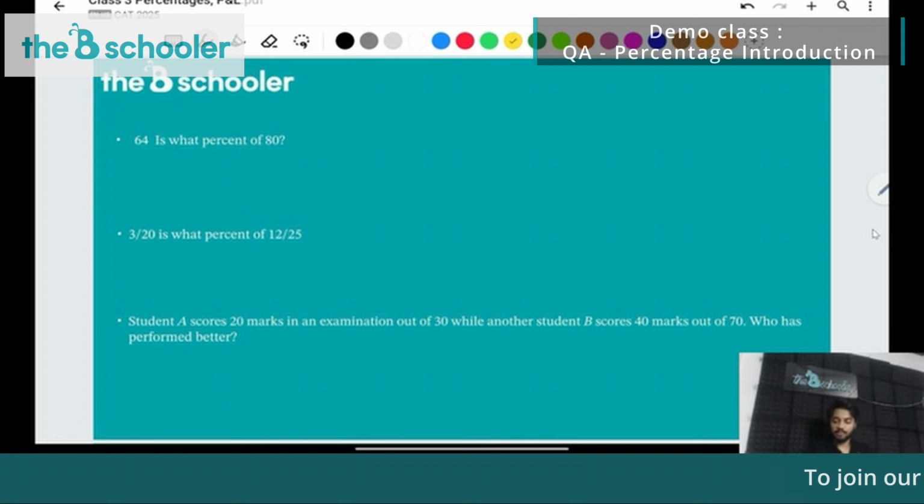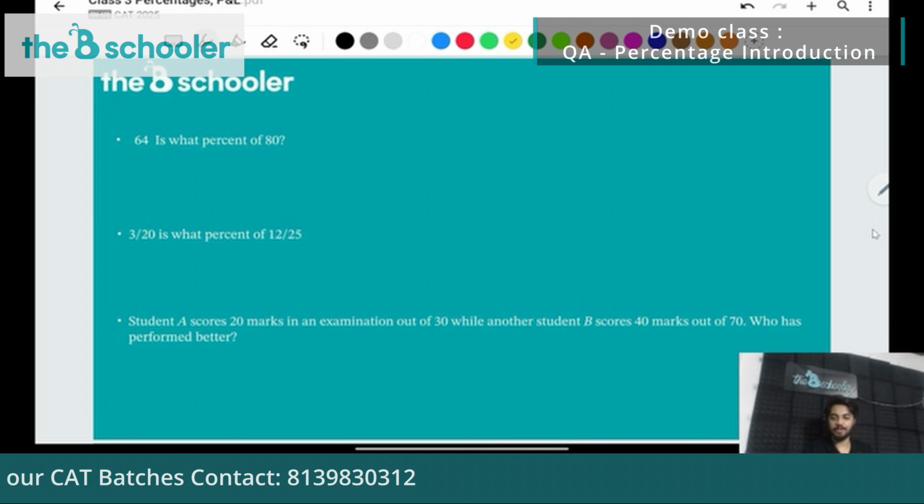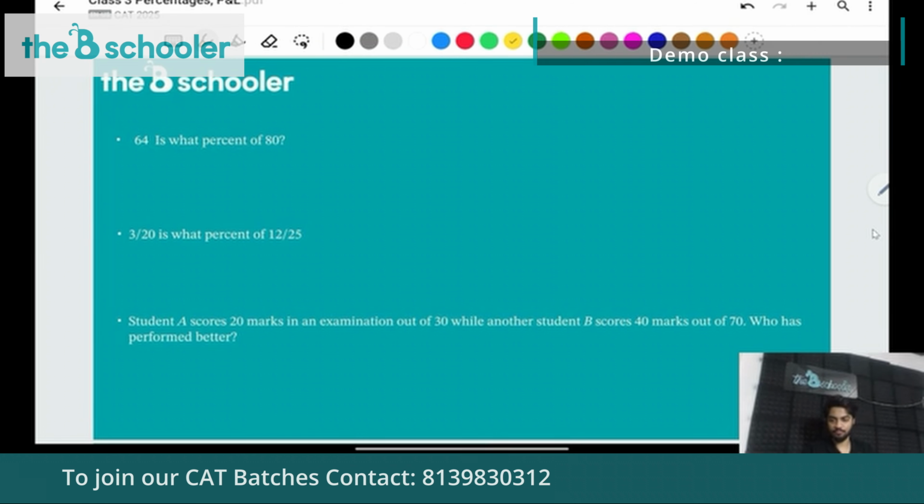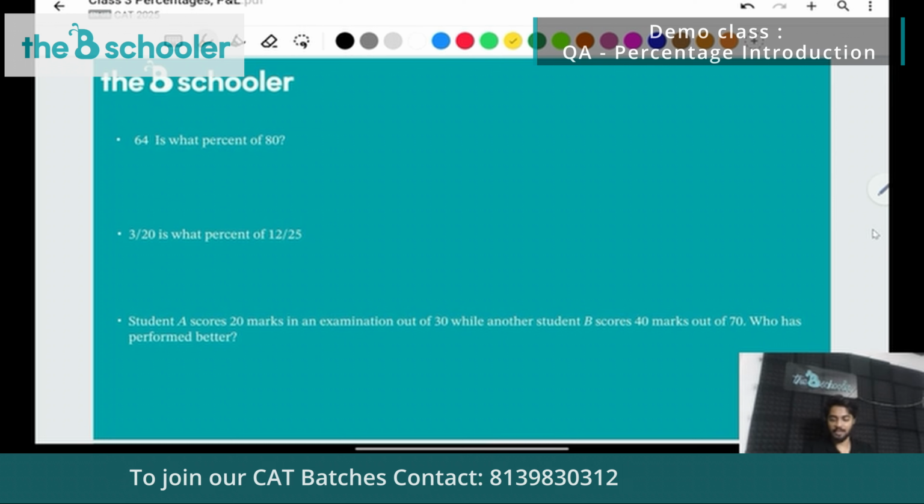Okay, first one, Gesla has got the answer. It is 80%, right? 80%. If you don't put a percent sign and only write 80, it is not a proper way of saying because people will not understand it's a percentage. But when you put the 80% symbol, people will understand it. What's the second one?